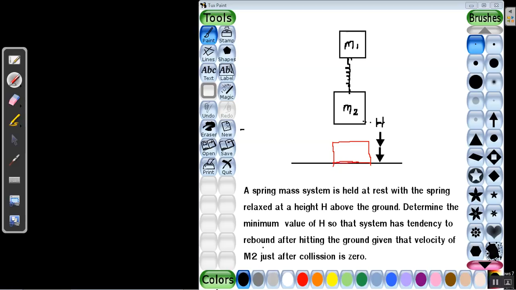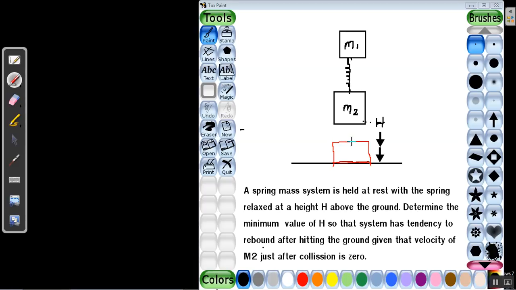Just after the collision, the velocity of m2 will become 0, but the velocity of m1 is not going to be 0. And it is asking what is the minimum height so that it rebounds once again. So just after the collision the velocity is 0, and it has to rebound.